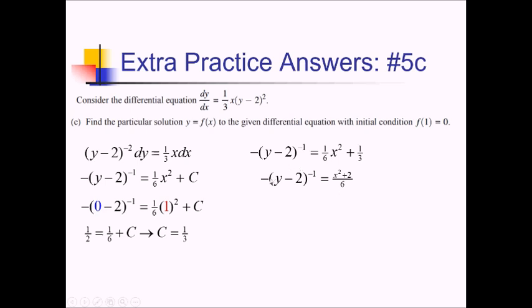And now let me multiply both sides by negative 1, which just makes this fraction over here negative. To get rid of the negative 1 power, I just take the reciprocal of both sides. So I have y minus 2 equals basically this fraction upside down. And then finally, just add 2 to get y completely by itself. So a whole bunch of algebra. At the end of the day, there is our final answer.